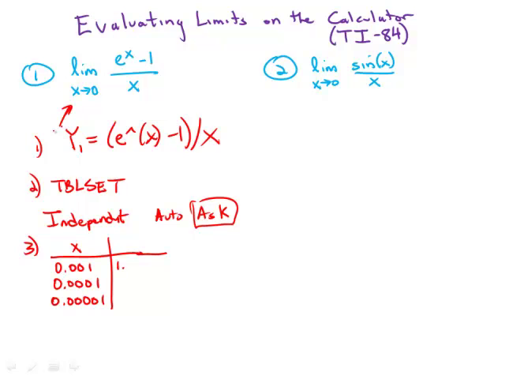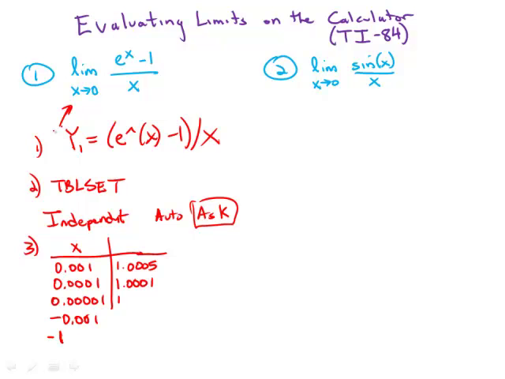And it turns out that the y values that we get are very close to 1. Also make sure to plug in on the negative side. This function is not an even or an odd function. It's not a symmetrical function.